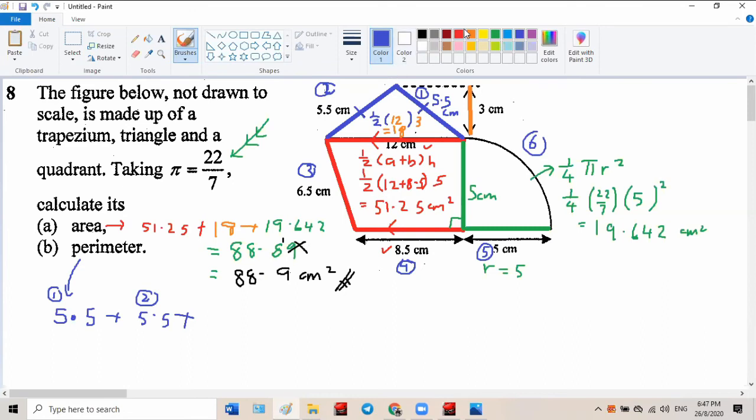Here, I change color to help you. Plus 6.5. Right? Plus number 4, 8.5. Do you understand what we are doing? The perimeter. Then plus 5, the 5th one is 5.